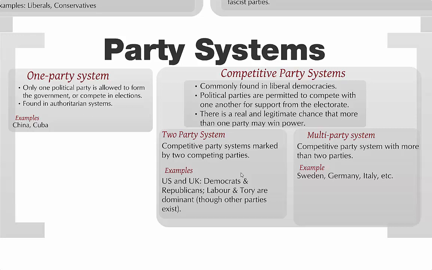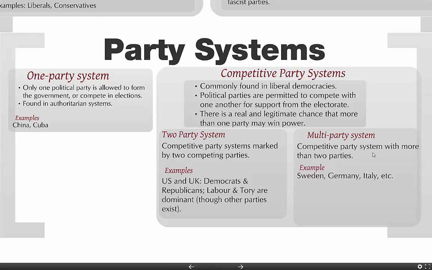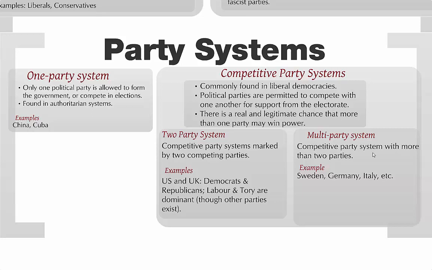Those are the only candidates that have any realistic chance of winning the more significant political offices from president and Congress and so on. But a whole lot of countries have party systems with more than two parties, and those are called multi-party systems. We see that in most European countries, Sweden, Germany, Italy, and so on and so forth.